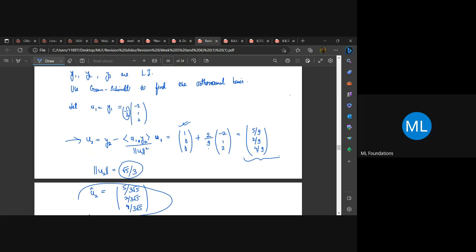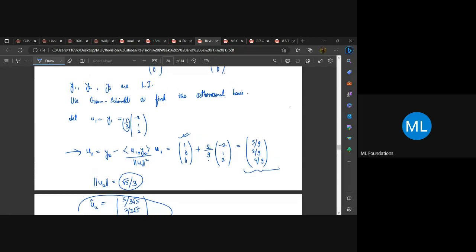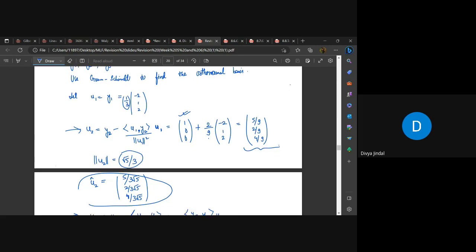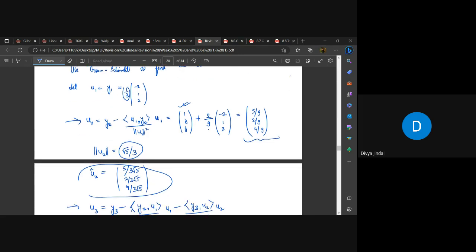Yeah, this is norm 1, but let's say this y1 we had taken comes out to be minus 2 by 3, 1 by 3, 2 by 3. But let's say if this length was not 1, then we had to divide it by its norm. But in finding U2, we say it is Y2 minus the inner product of U1 and Y2 multiplied by U1, divided by U1's norm squared, right?